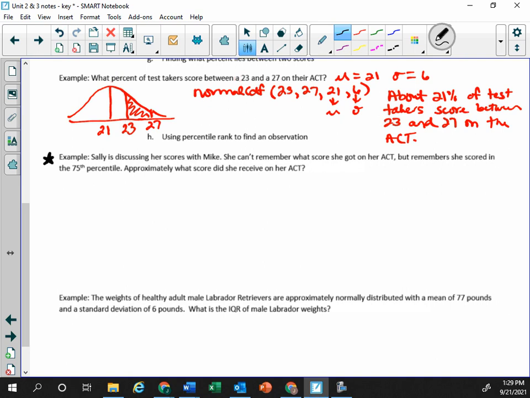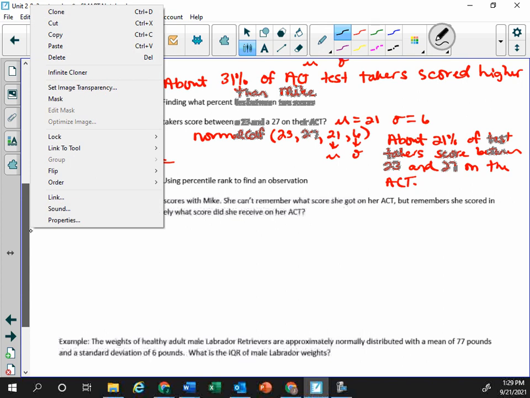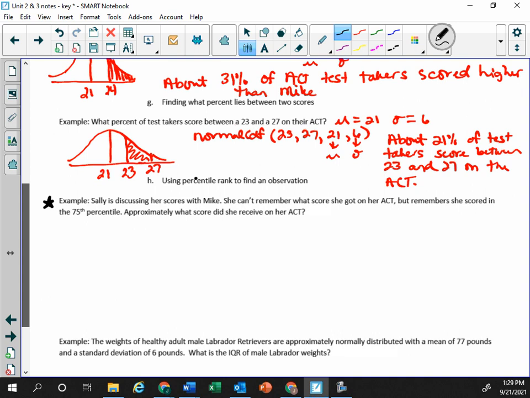Do we need to know H on the last question? Okay. You need to know H. Oh, I think that's what this is, about 21% of test takers. Sorry, I was like, H. I understand now.